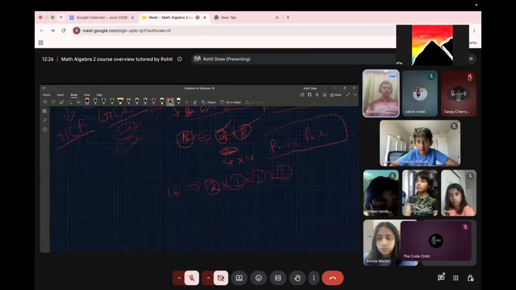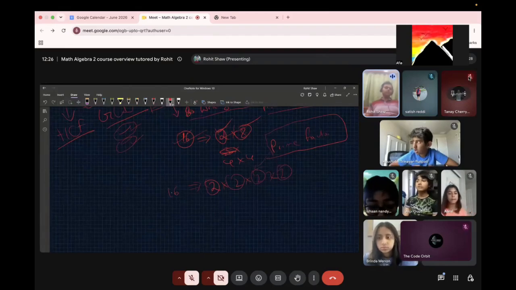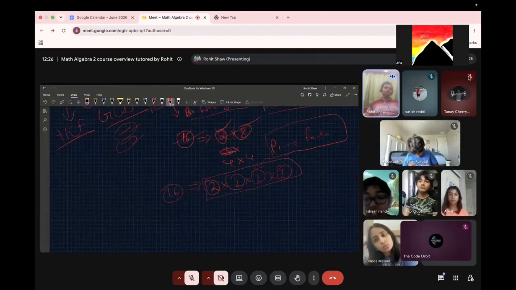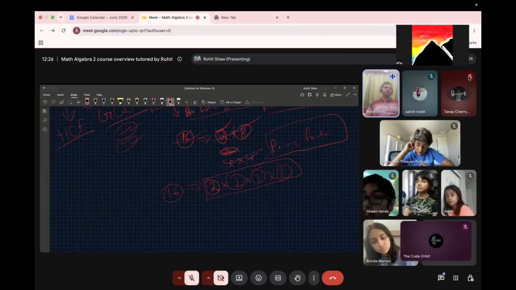Prime factorization means we are writing the number as a product of its factors, but only prime factors. 4 and 4 is not prime, so these are composite numbers. So this is factorization, and this is prime factorization.